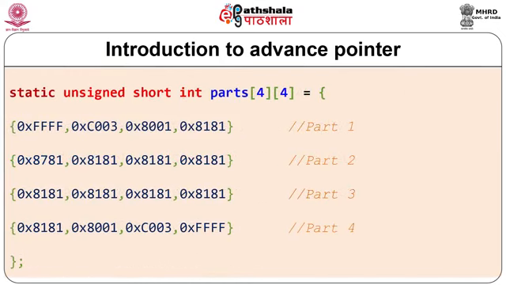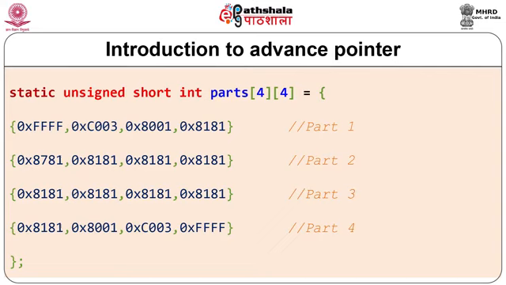Now you can see the tables. These types of tables are helpful to know about arrays with rows and columns. You can see static unsigned short int parts[4][4]. Here you can see there are 4 parts, part 1, 2, 3 and 4. Part 1 is considered as a memory address for 4 different elements.